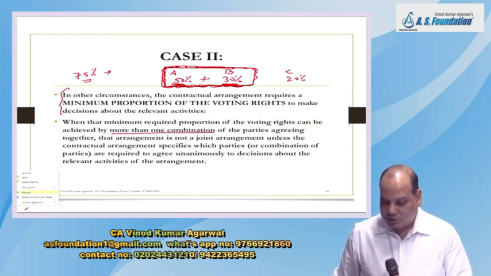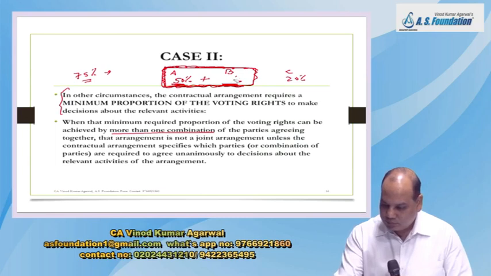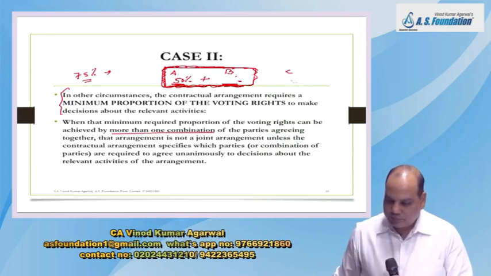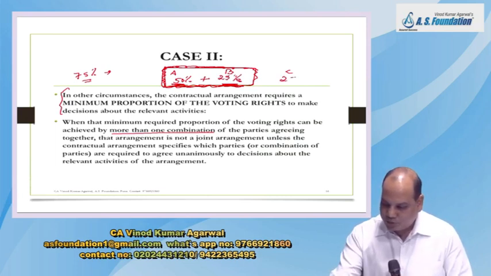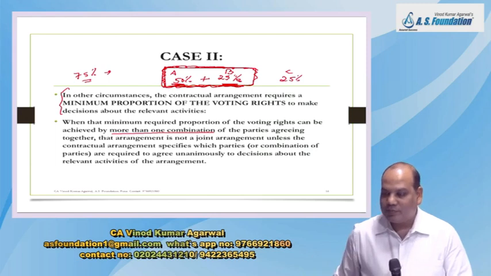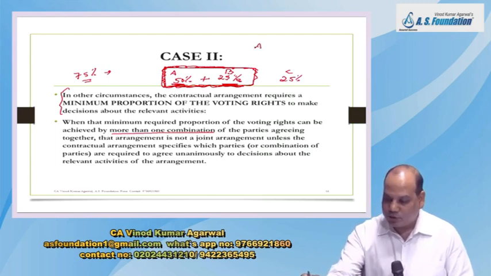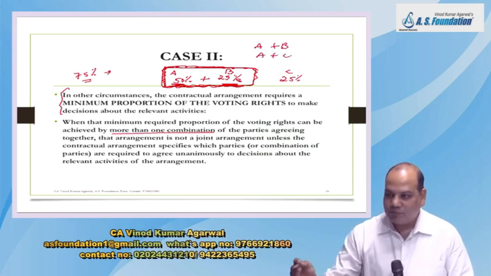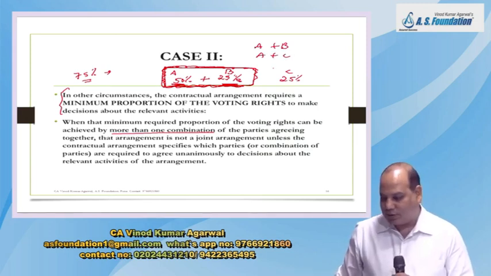Now I'll make one small change in the example. Agreement says 75% of the votes should be in favor of the resolution. Now what are the combinations possible for achieving 75%? A plus B, A plus C.